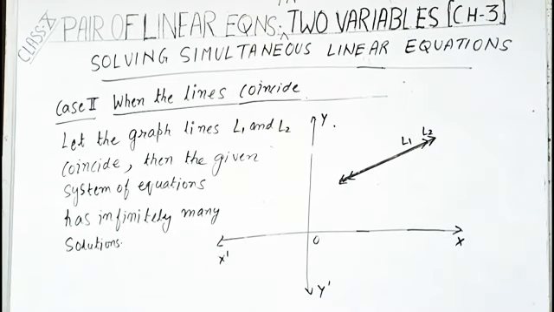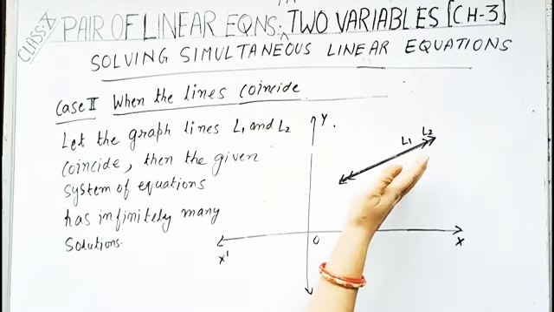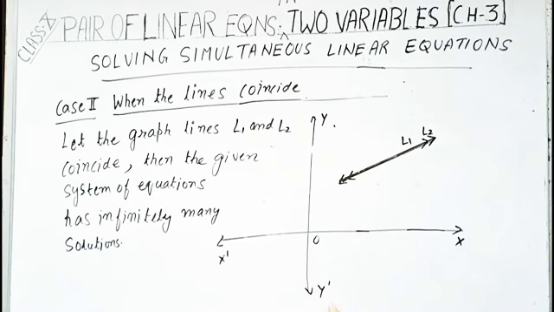So case 2, children, when the lines coincide. Let the lines L1 and L2 representing the graphs of the two given linear equations coincide, that is overlap each other. Then the given system of equations has infinitely many solutions. You can see that on a line infinite points lie, so an infinite number of solutions are possible when the lines coincide.